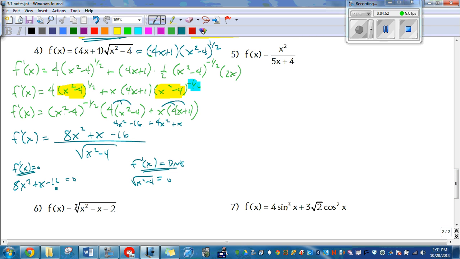So for this one, we can just use quadratic formula, or we can graph it. Right? We can graph this and figure out when it's 0.